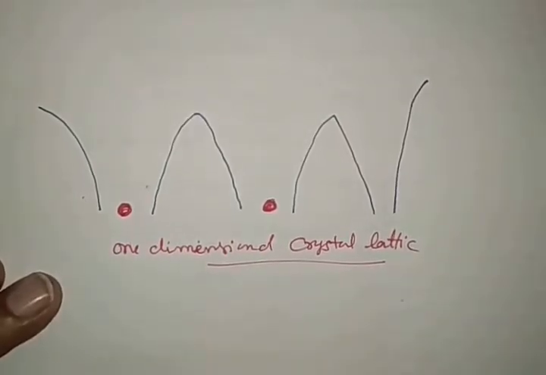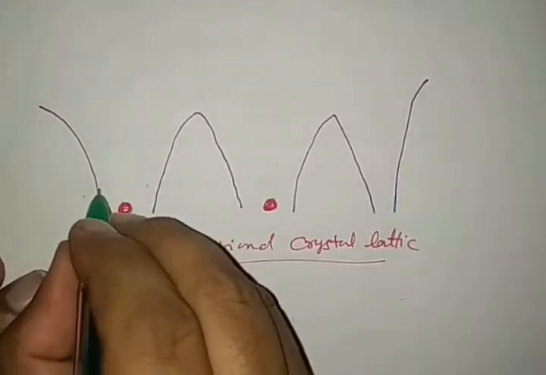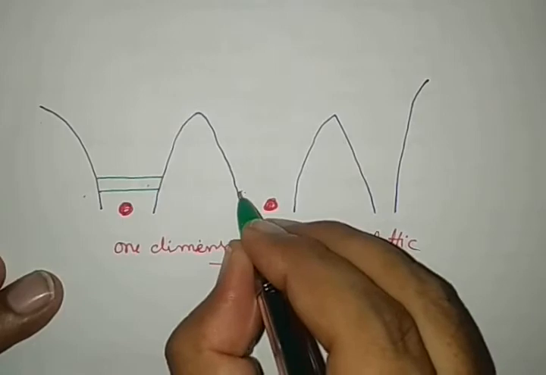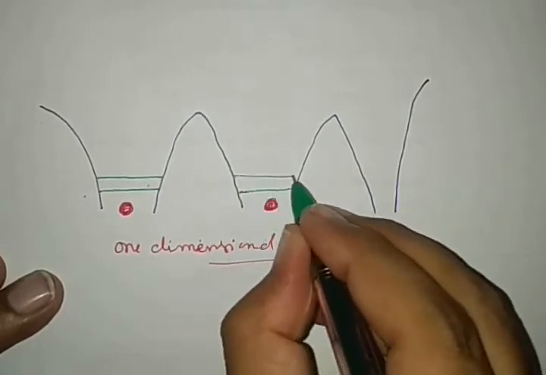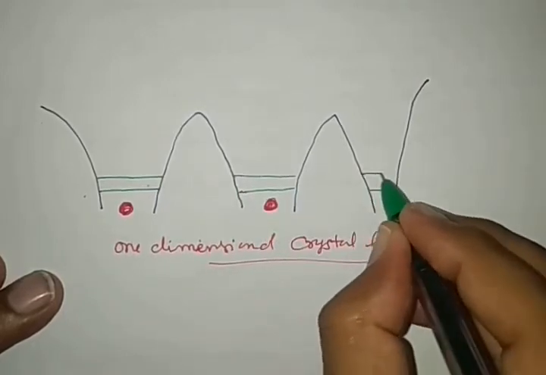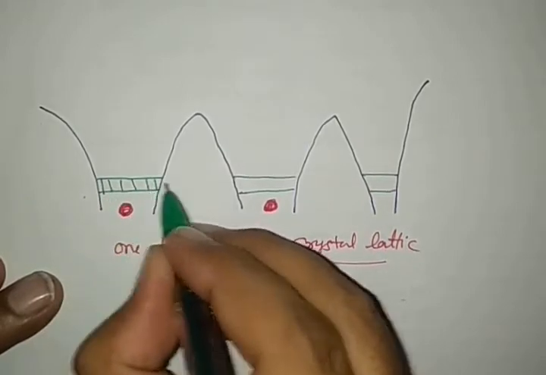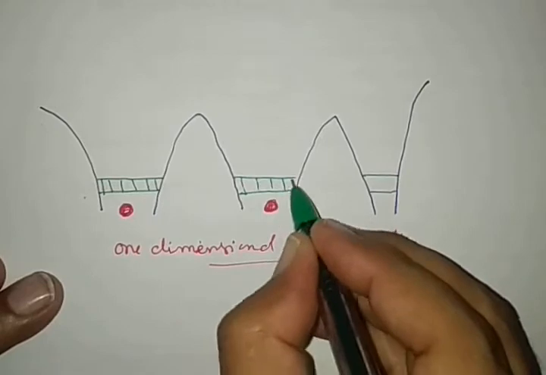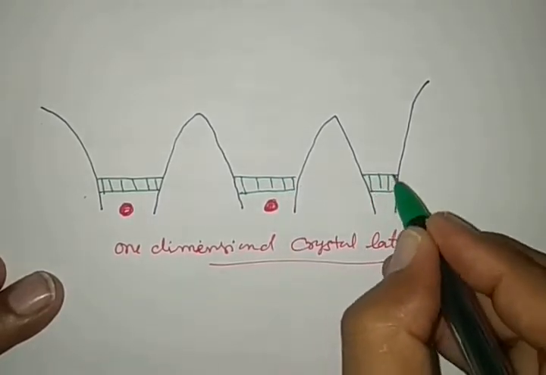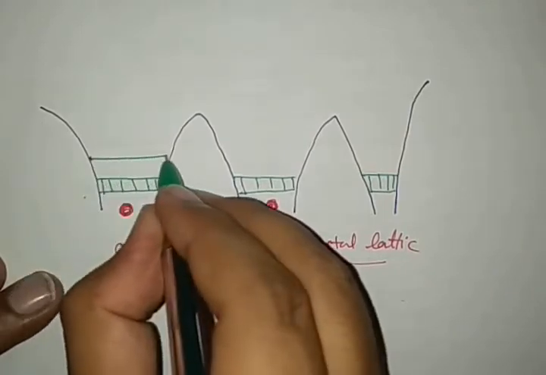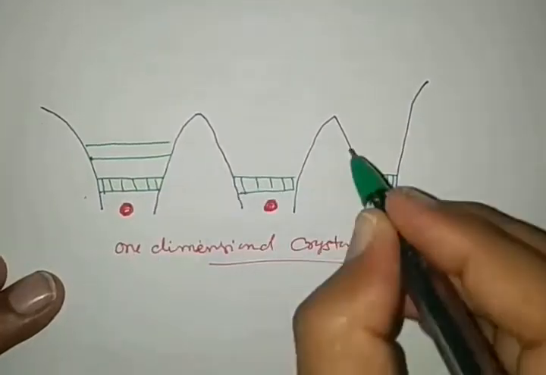What is the new arrangement formed here? The band is formed. A range of energy is formed. We may name them 1s, 2s, the same as another band.